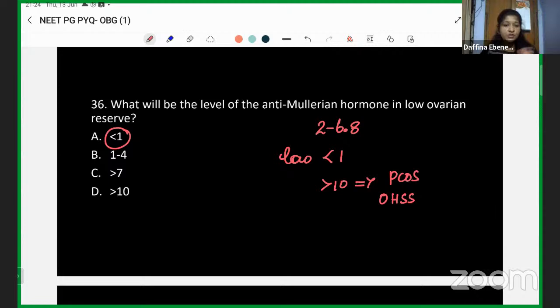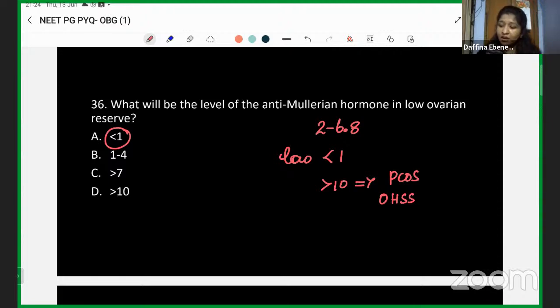Anti-Mullerian hormone has two different roles when it comes to males and females. As we already discussed, in males, it is going to be formed early in the period of embryogenesis. During that time itself, anti-Mullerian hormone is formed. This leads to the regression of the Mullerian duct. Whereas in females, it is not formed early in the embryogenesis phase. It is produced only after puberty by the granulosa cells.